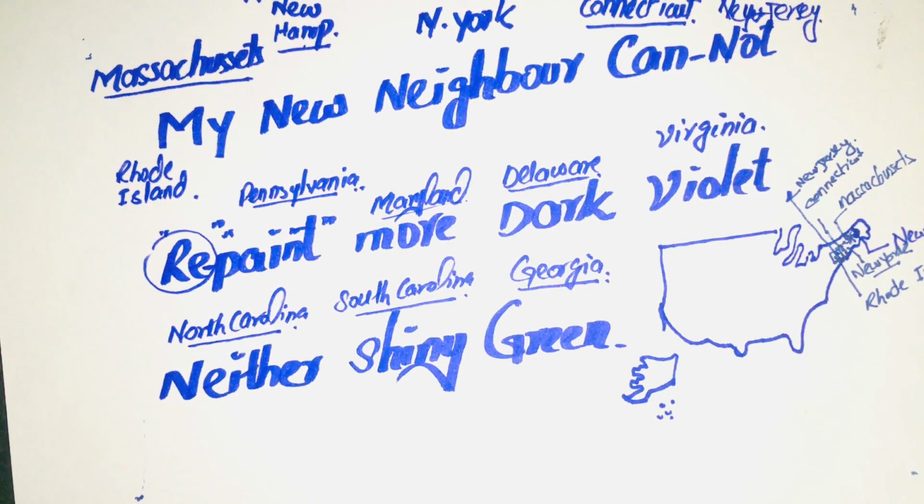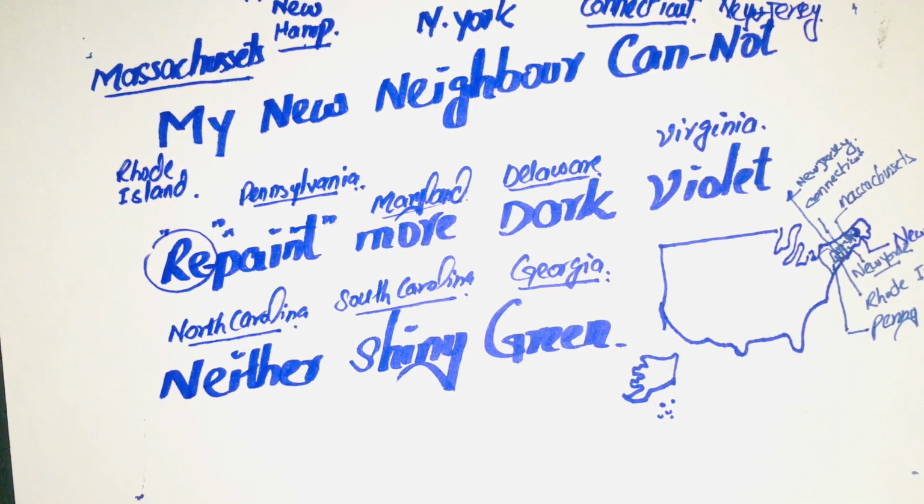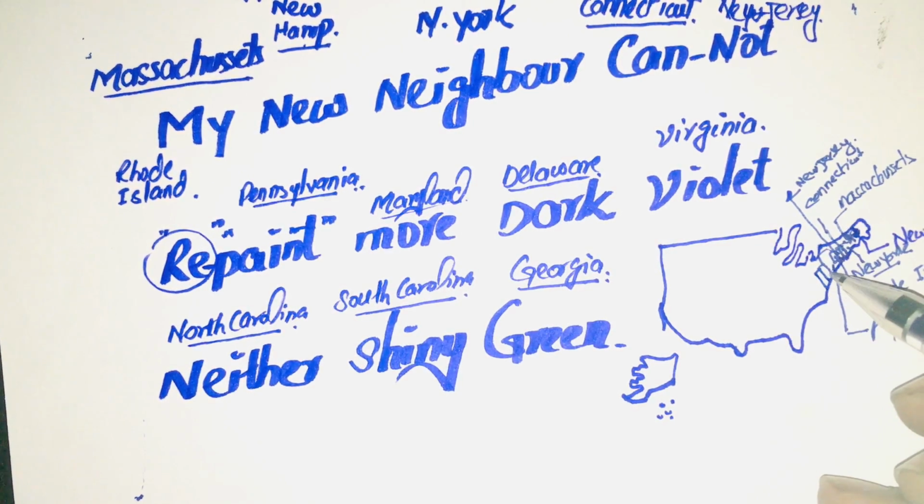And after Rhode Island, there is a big colony, you might have heard about the swing states. Actually, this is a swing state which is called Pennsylvania. And in the current elections, Pennsylvania has played an important role in Joe Biden's victory. Okay, after Pennsylvania, there are 2 small colonies which are overlapping each other just this way.